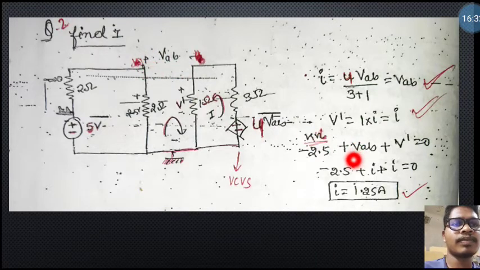Positive VAB plus V dash, it also has a positive sign. We already know the VAB value, that is I, put here I, and the V dash value is I, so I plus I is 2I. So 2I is equal to minus of 2.5, and I is equal to 1.25 ampere. So our answer is 1.25 ampere here.